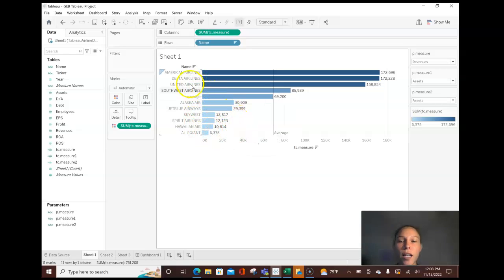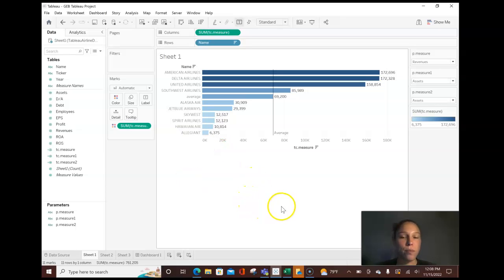So American Airlines had the biggest revenue, while Delta Airlines was very, very close behind. It's basically the same number, so we could kind of look at them like they're tied for the top. And then at the bottom, we have Allegiant, which had the lowest revenue over the years.